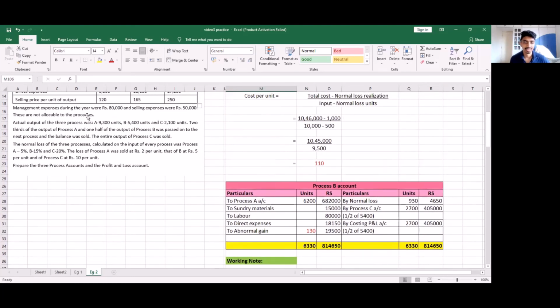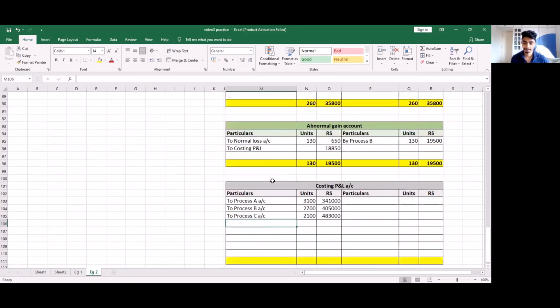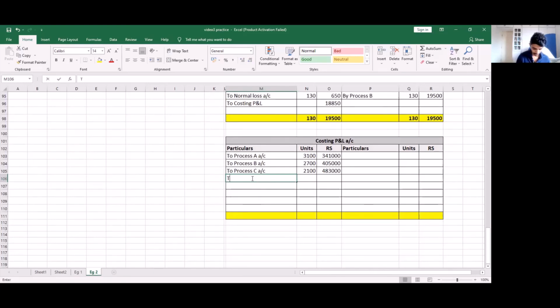So on the debit side, we will account for these expenses as to management expense and to selling expense. So our management expense is 80,000 and our selling expense is 50,000.